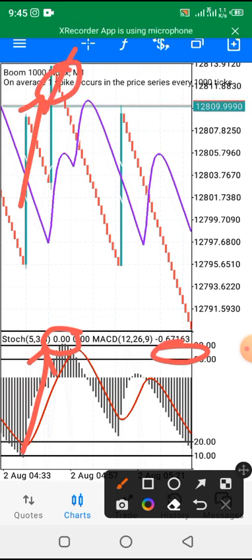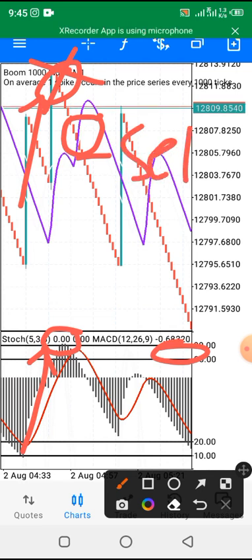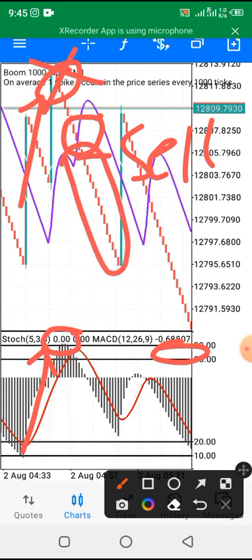You wait for the crossover here, right? So this is where you sell. You're looking to capture this sell move. So here you're just scalping 5 to 7 candles, and you're out.